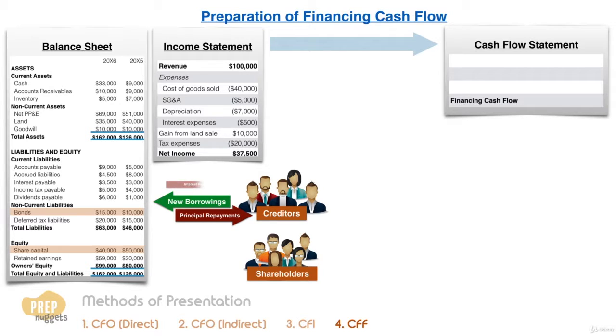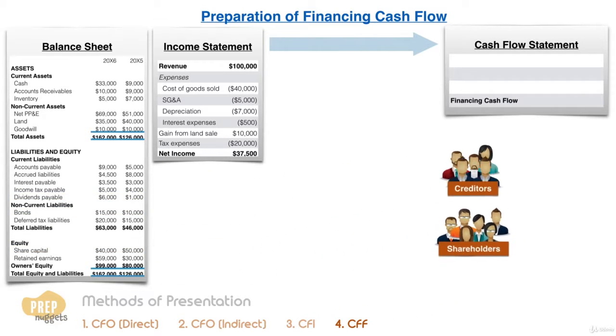Note that interest paid is technically a cash flow to creditors, but it is usually included in CFO under US GAAP. Cash flows between the firm and its shareholders occur when new shares are issued, shares are repurchased, or when cash dividends are paid. Let's examine the statements for clues where financing cash flows has occurred.